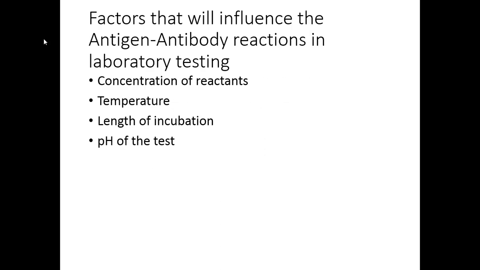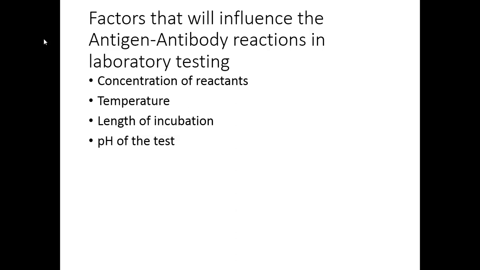So, what kinds of factors are going to influence the antibody-antigen reactions in the laboratory? There are a number of factors that we see that influence the reactions that take place in the lab. Remember, we were just talking about in vivo, or in the body, but in the lab things might be a little bit different.